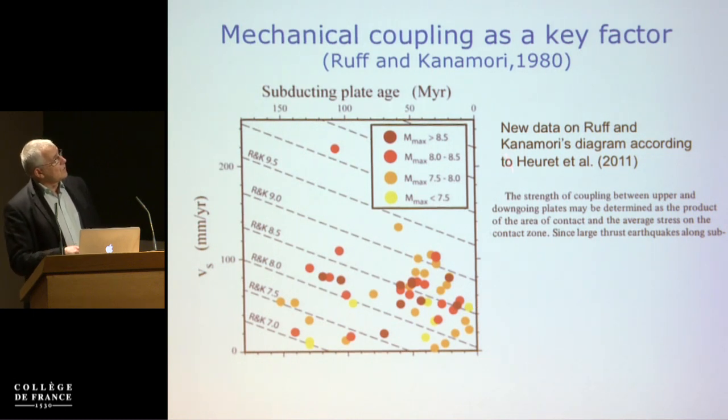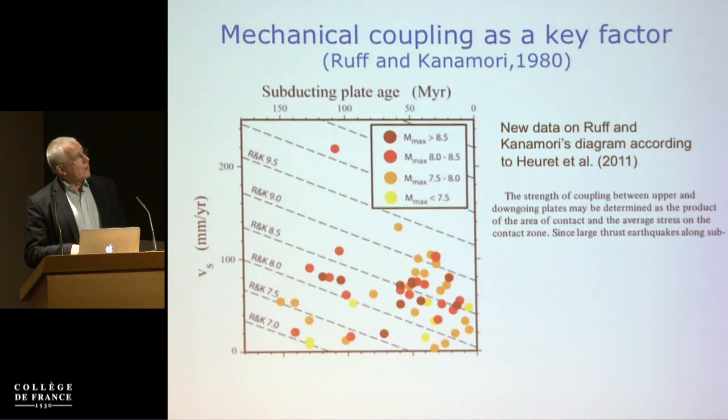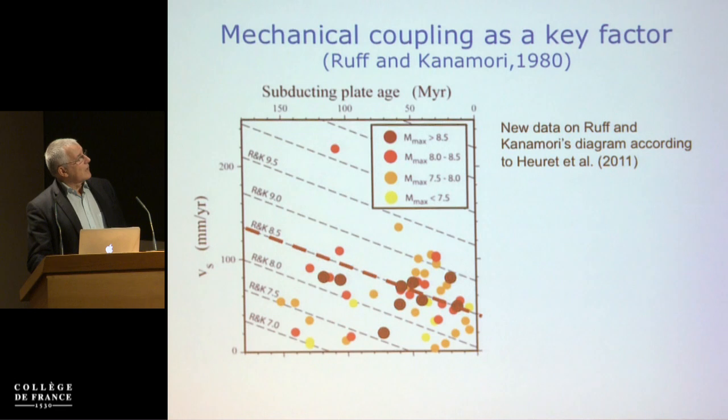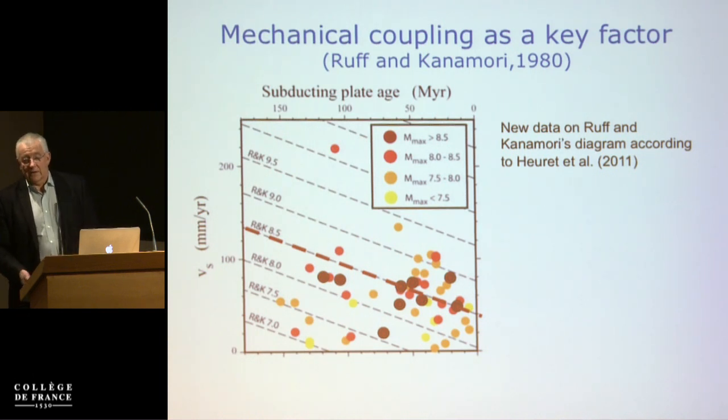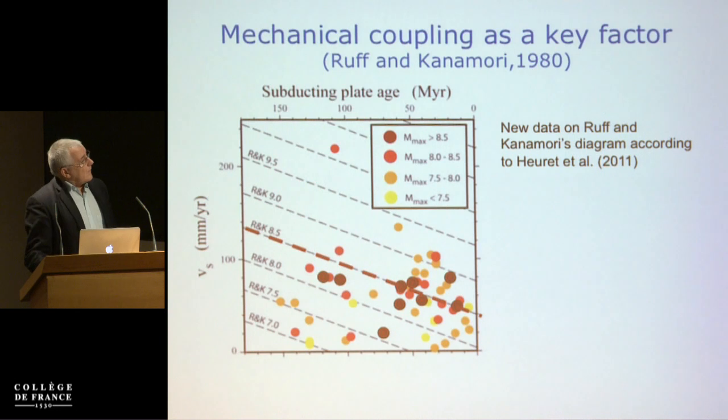So this is a new diagram of earthquakes versus these parameters, and again I highlighted earthquakes which have magnitude more than 8.5, and the line. All these points must go above the line, and you see most of these points are below the line.